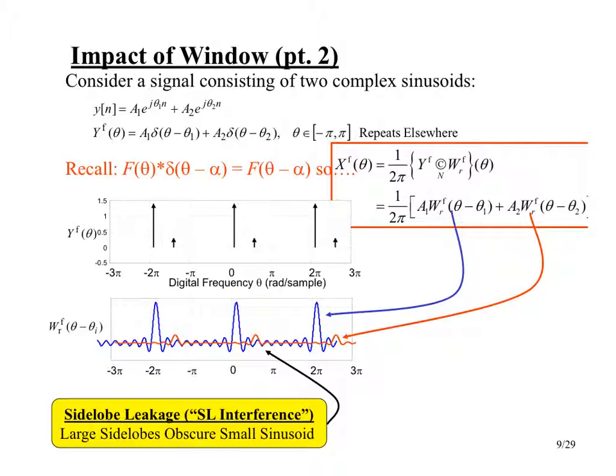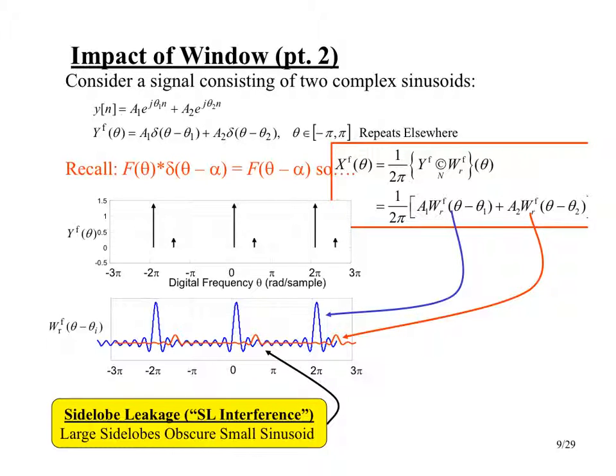So for each term we just have one spike. And obviously I'm showing here the things outside the minus pi to pi. That's why we have all those other spikes out there. Those are the spikes for the 2 pi periodic spectral replica parts of this.